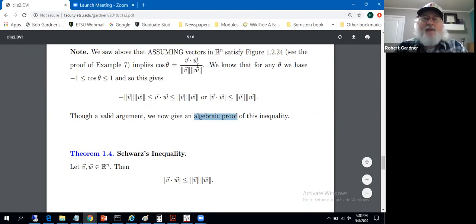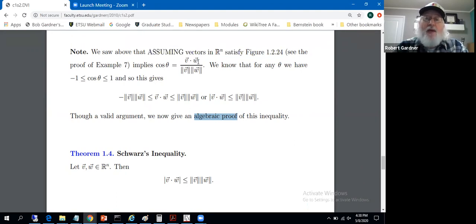If I've got the cosine of theta equal to this quantity, remember cosine theta is between -1 and 1. Well then this quantity must be between -1 and 1. So V dot W over norm V times norm W is between -1 and 1. If I multiply through by the denominator, the norm of V times the norm of W, we'll get negative norm V norm W is less than or equal to the dot product, which is less than or equal to norm V norm W. So the 1 was here, the -1 was here, and we've multiplied through.